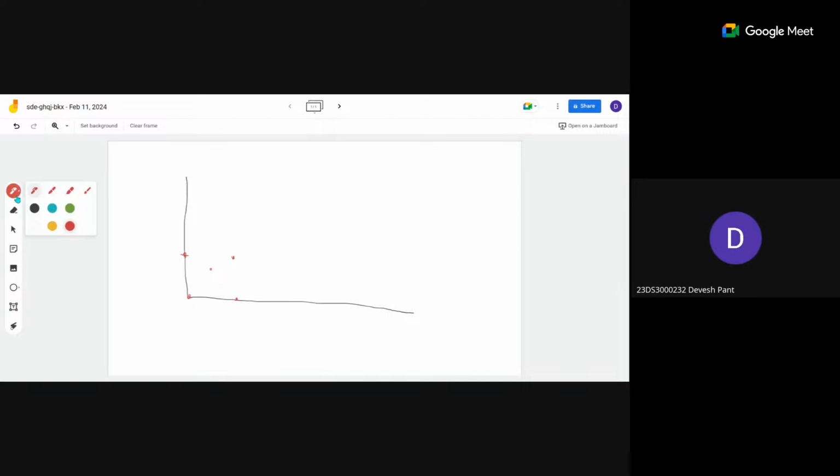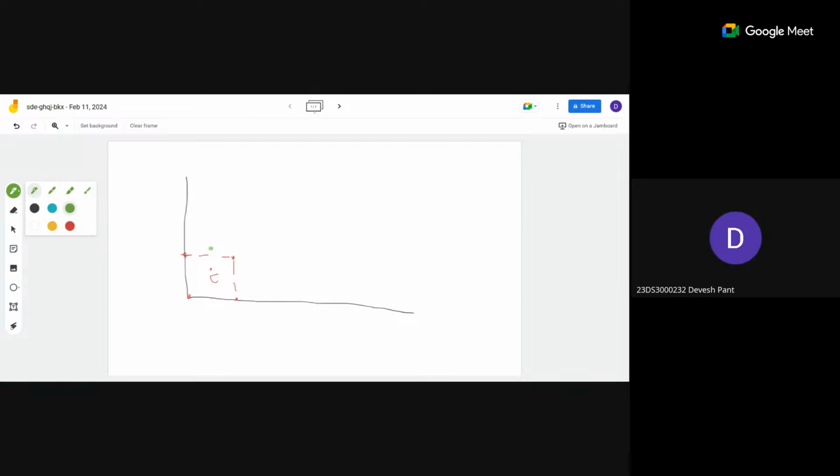So now, this is our centroid. This is the area we can enclose.